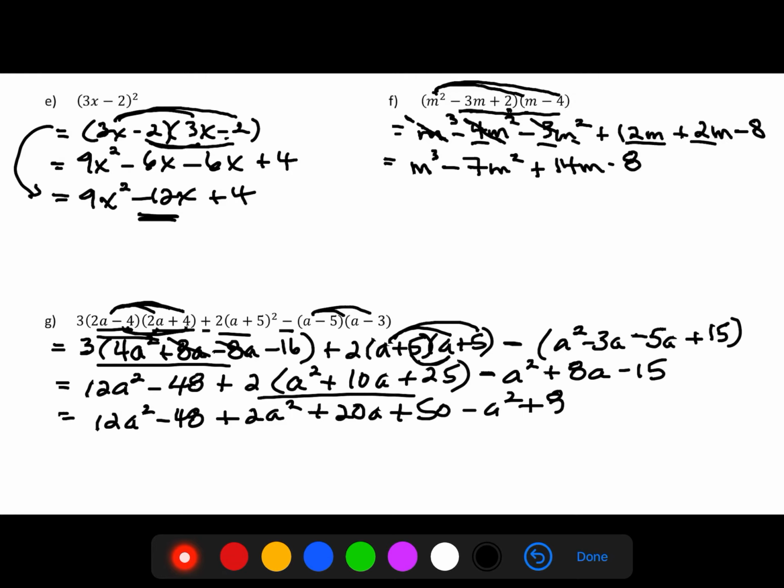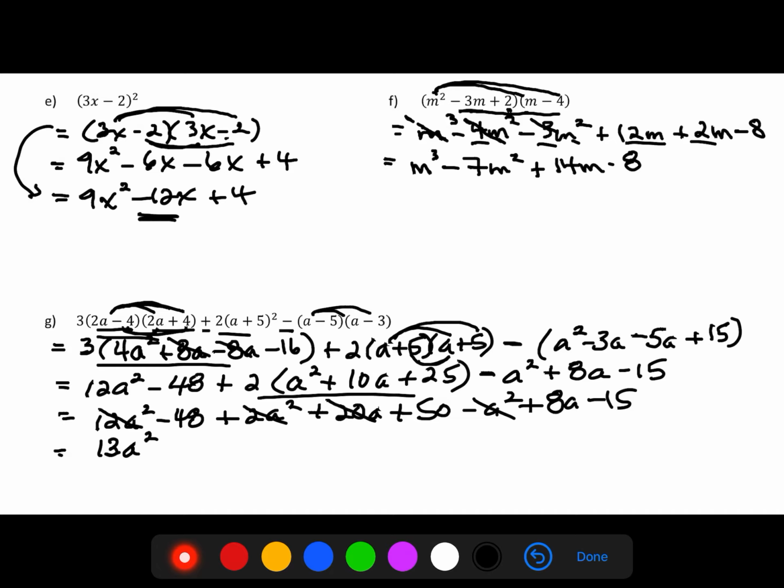And now we can take a look at simplifying our like terms. So all we have left now is adding and subtracting. Remember, BEDMAS tells us we do all of our multiplying, dividing, exponents, all of that stuff before we do our adding and subtracting. So taking a look at our squared, we have 12a plus 2a squared is 14a squared minus 1a squared means we have 13a squared.